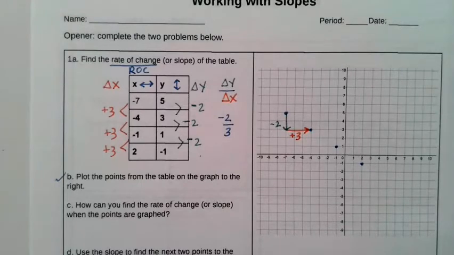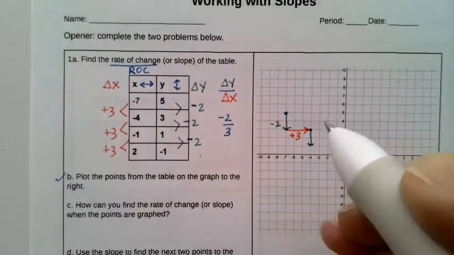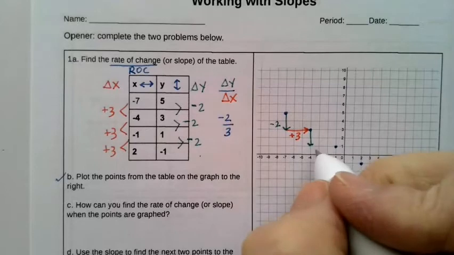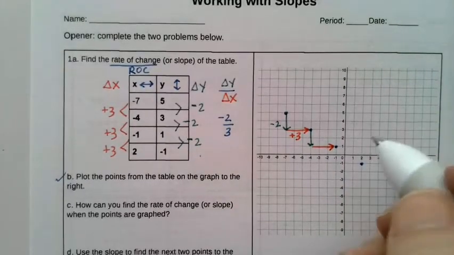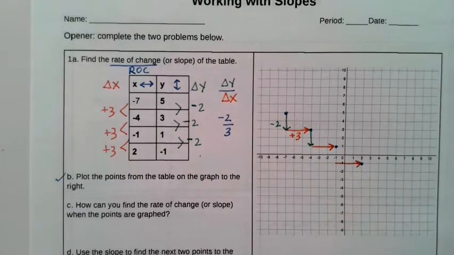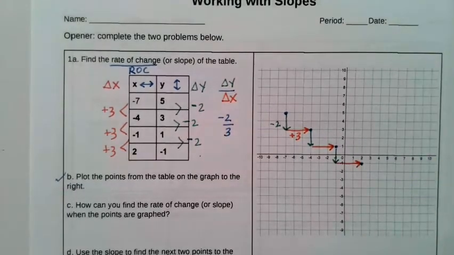And that is true as we go between any point. So down 2, right 3, and that pattern continues down. So down 2, right 3 on this other point. Those values are going to stay the same.